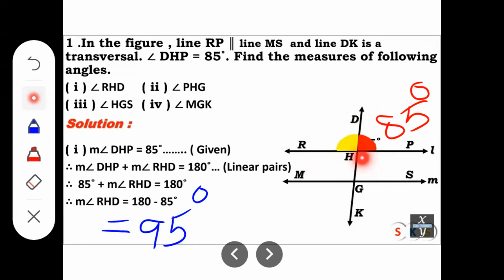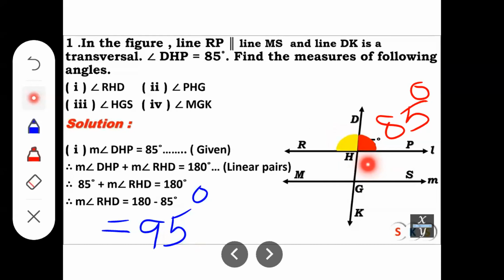So whatever the measurement of RHD, that will be the same for this angle PHG. So as RHD is 95 degrees, angle PHG will also be 95 degrees.